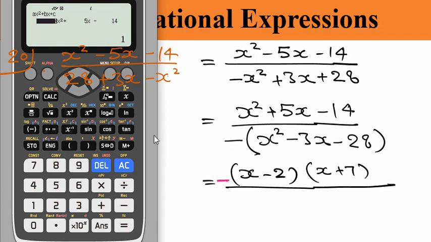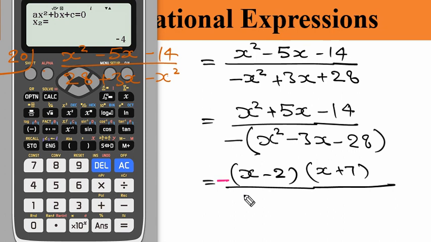And again, for this one now, a is 1, not -1, okay, don't make that mistake. And b is -3, c is -28, and equal. Okay, x1 is 7, x2 is -4.